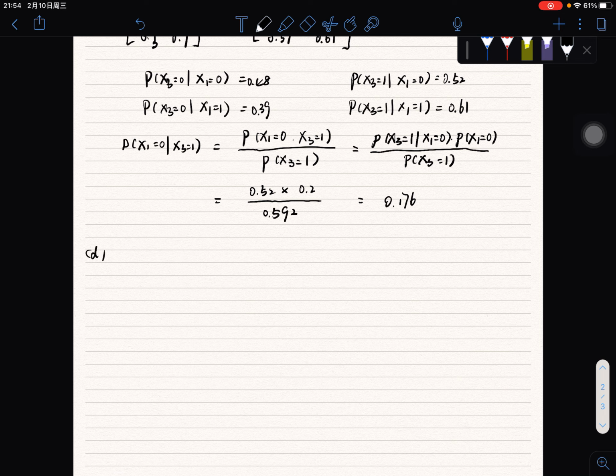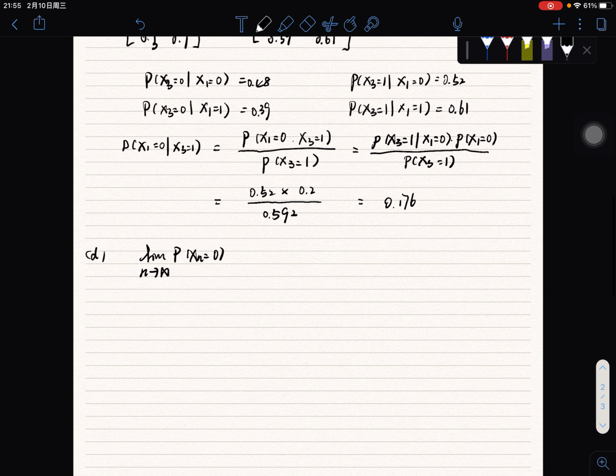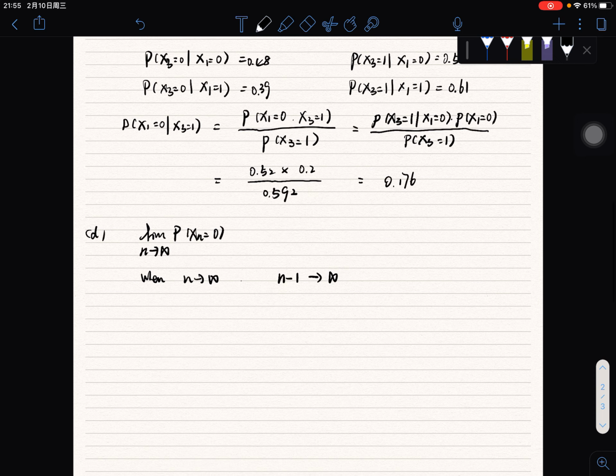And the fourth question is to calculate, when n is the biggest number, the probability of xn equals 0. We know when n goes to infinity, n minus 1 also goes to infinity.